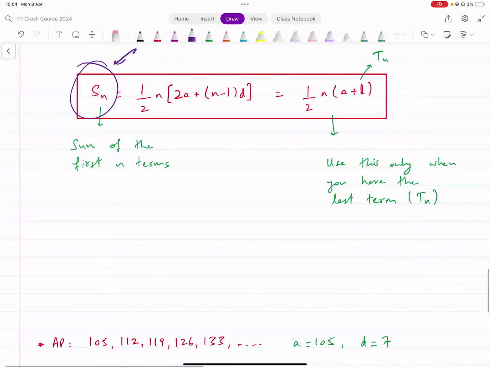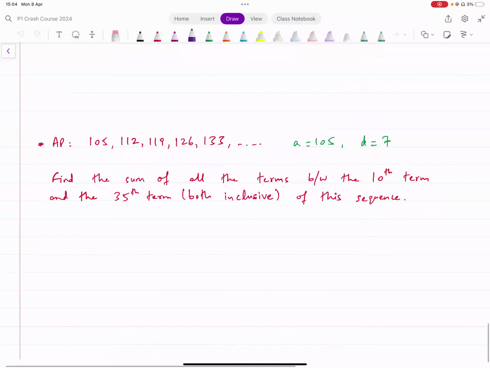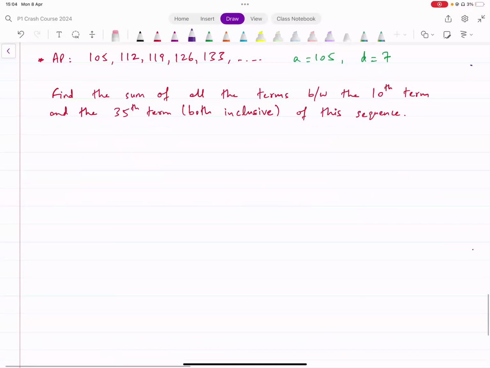This gives you the sum of the first n terms. So it has to start from the first term if you had to use this formula, right? Now, in this case, it says from 10th to 35th. Can we just subtract 10 from 35, and that gives us 25? Is S25 going to give us the result? Is that going to work?